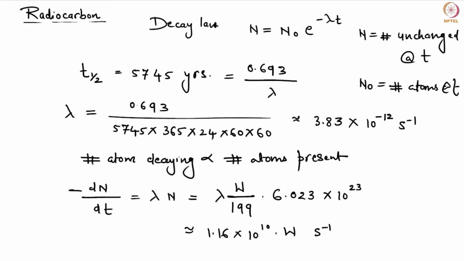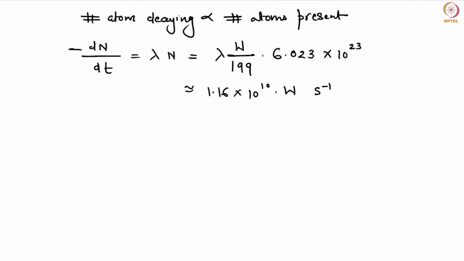However, what do we know here? We know that the activity that we need to get is 1 millicurie. Now interestingly, what is 1 millicurie? This actually equals 3.70 into 10 power 7 decays per second.